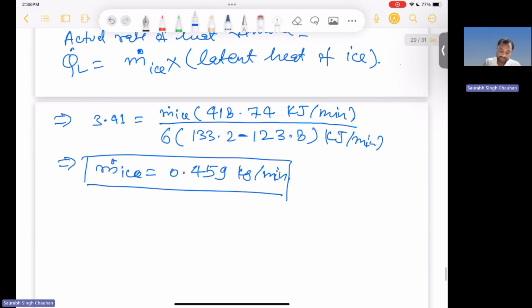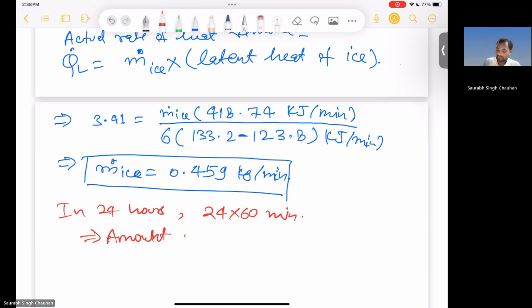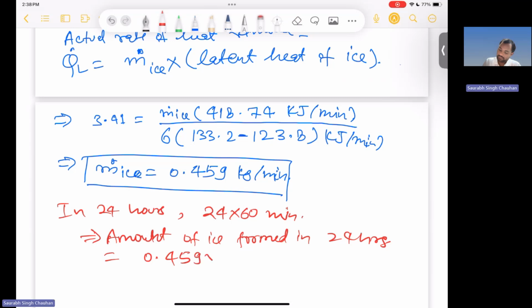So in 24 hours, how many minutes? 24 into 60 minutes. So the amount of ice formed in 24 hours will be equal to 0.459 into 24 into 60 kilograms.